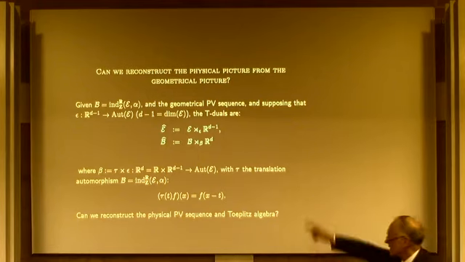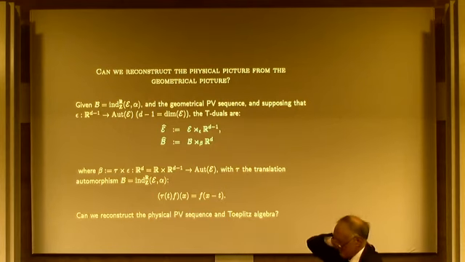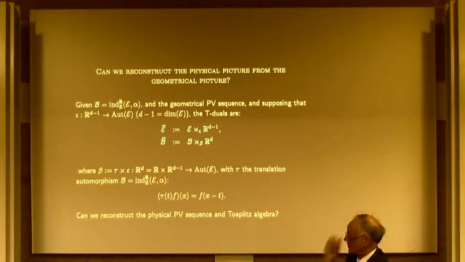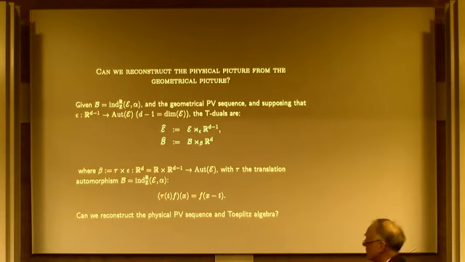Okay, so the idea is I'm going to take the physical algebras to be T-duals of the geometrical ones, where by physical ones I mean the ones with hats on them, by geometrical ones the ones without hats.